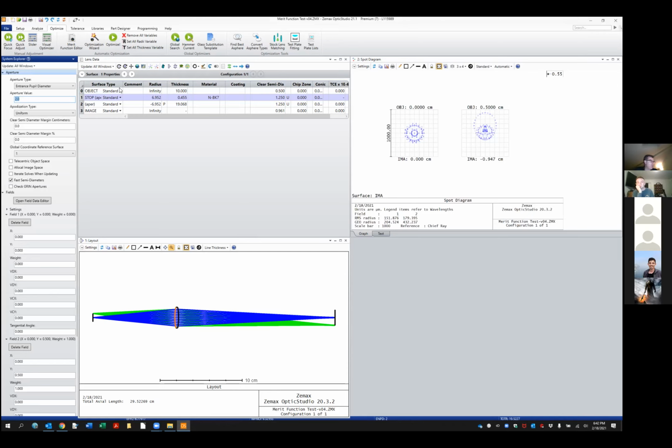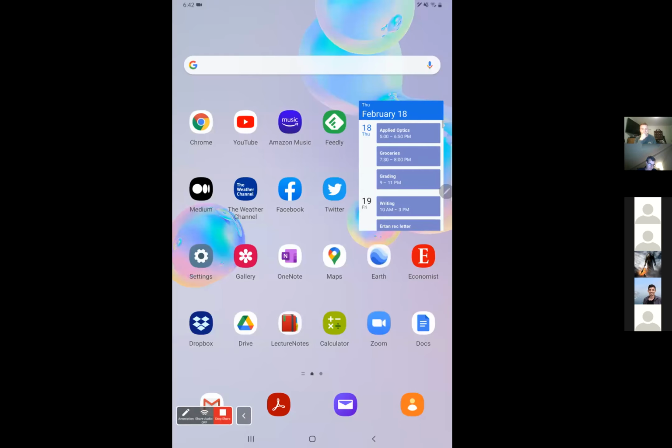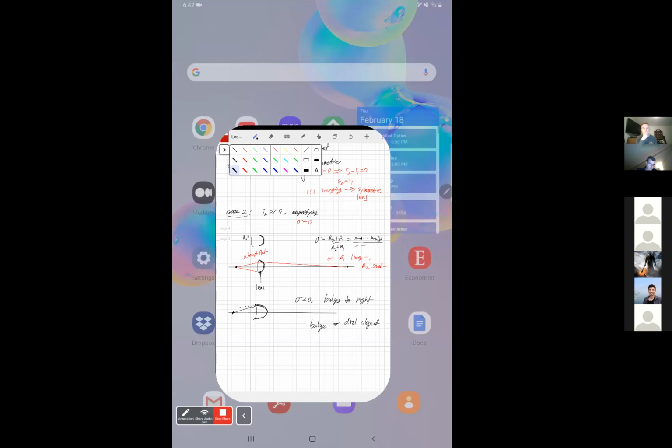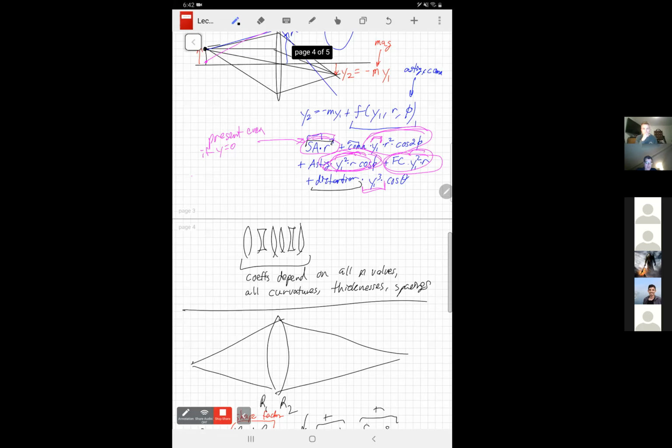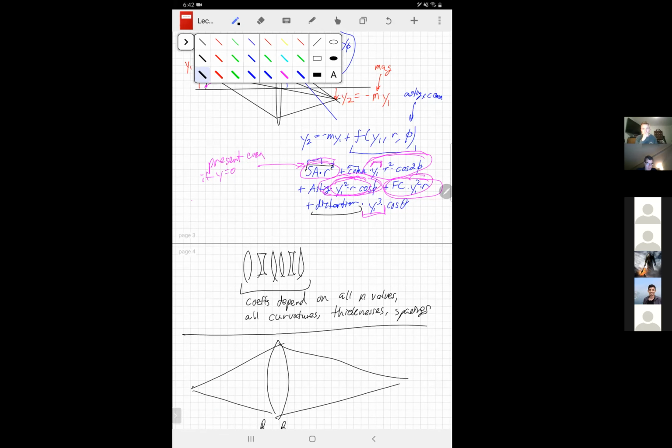You notice in all of those terms, if I go back to my other device, I had r cubed, y times r squared, y squared times r, y cubed. In all of those, the sum of the powers was 3.